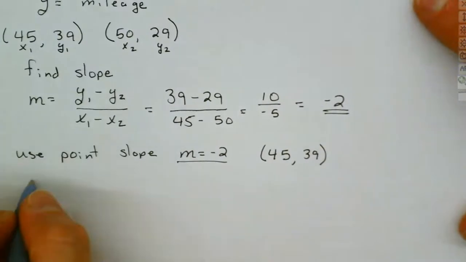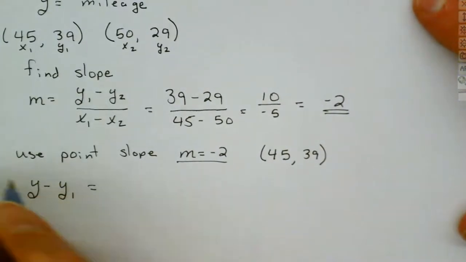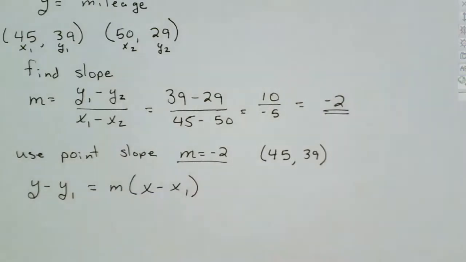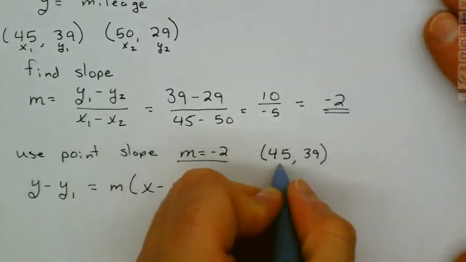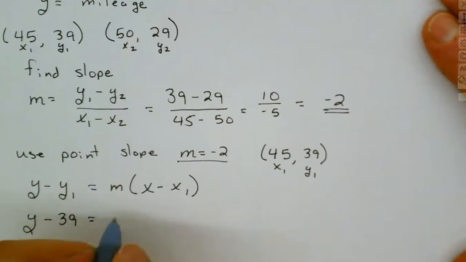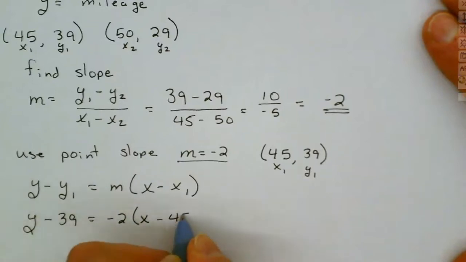And we're going to use our formula: y minus y1 equals m times x minus x1. We should be able to plug our values in. Remember, this is x1, y1. So that's y minus 39 equals negative 2 times x minus 45.